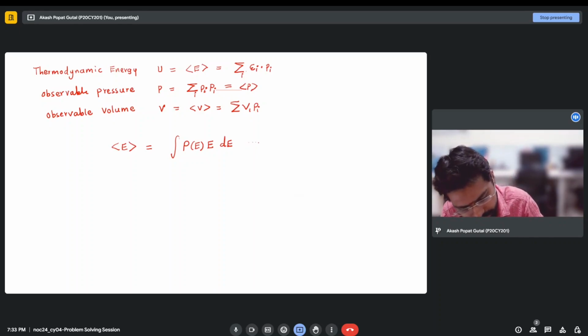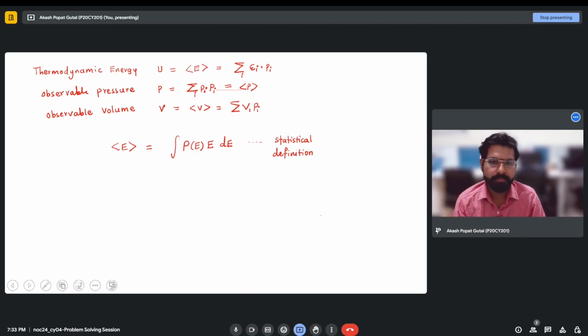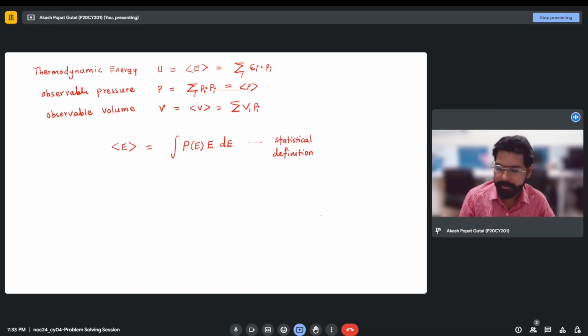So this is the statistical definition of averaging, the statistical definition of energy or the respective quantity, the same quantity as in classical thermodynamics.